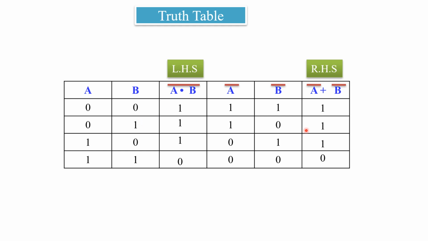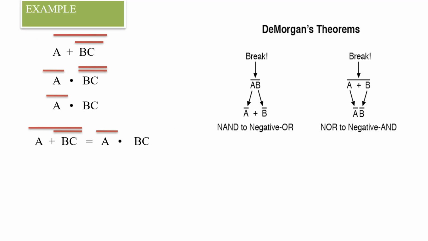From the left hand side and right hand side tables we can see that the two tables are equal. So thus we proved that the left hand side is equal to the right hand side, hence the proof for the second theorem. Let us summarize De Morgan's theorem. For (A plus B)bar, we break the bar so that the variables get complemented and the logical operation is inverted.